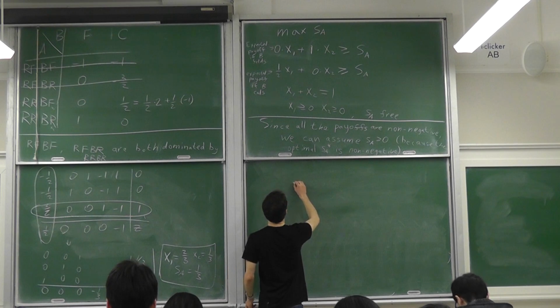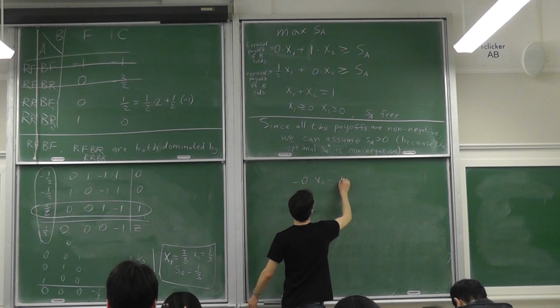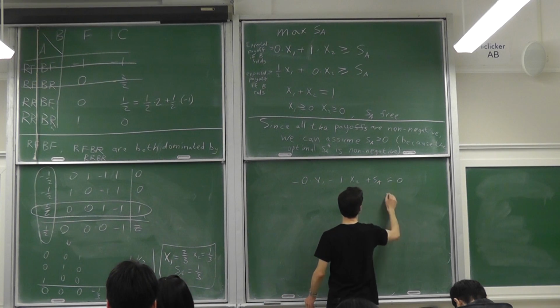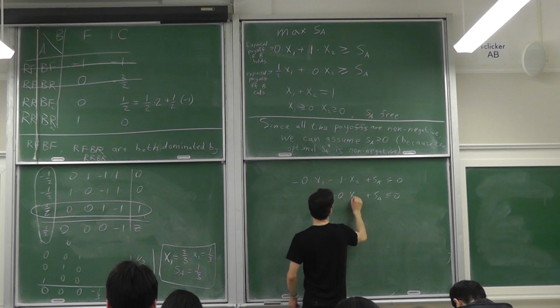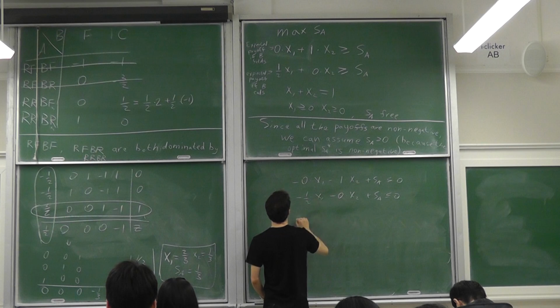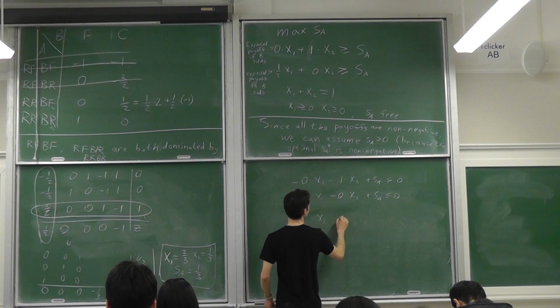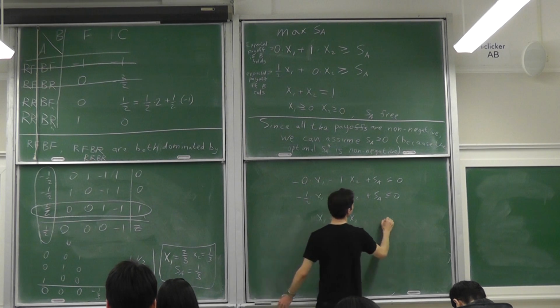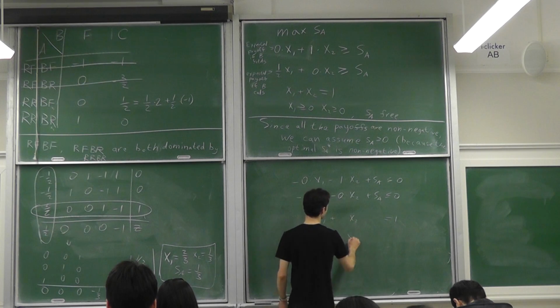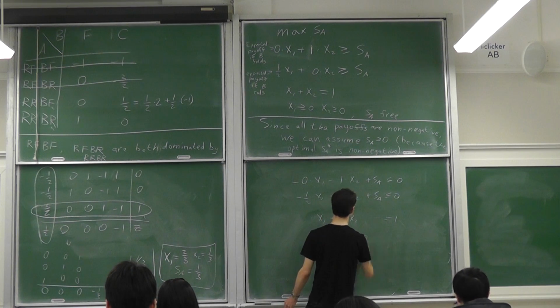It was minus 0x1 minus 1x2 plus xa smaller than 0. Minus half x1 plus x2 is equal to 1. x1 is positive, x2 is positive, SA is free.